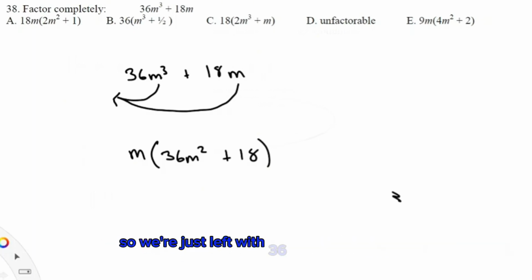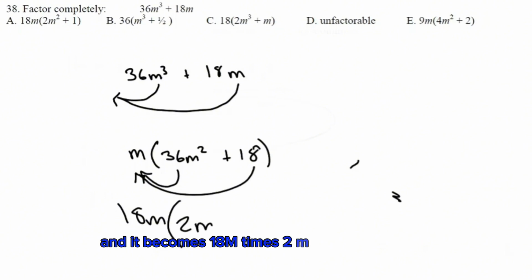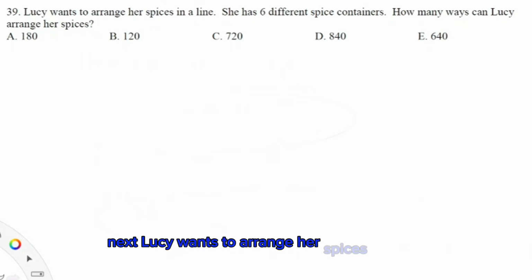So we're just left with 36m squared and 18. Next, we can bring out the 18 itself, because 18 times 2 is 36. So we can bring out this 18 in both of these, and it becomes 18m times 2m squared plus 1. And that's your answer.